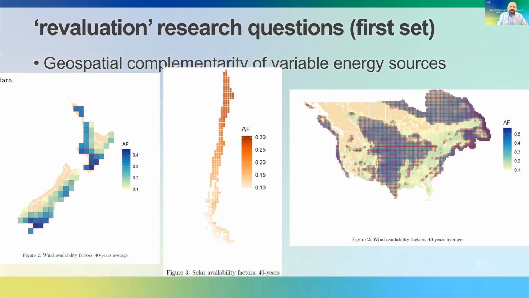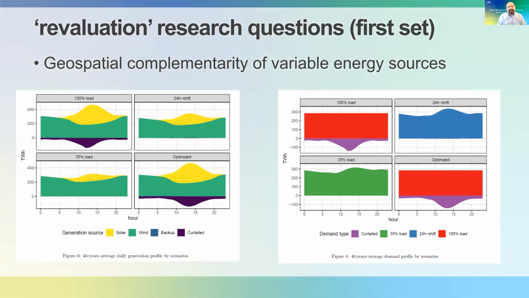Here are some examples from MERRA. We evaluate renewables based on 40 years of data, and as a result we have an optimized energy system. Again, it's one region but many locations of renewables, and we have different options of flexibility on the demand side.